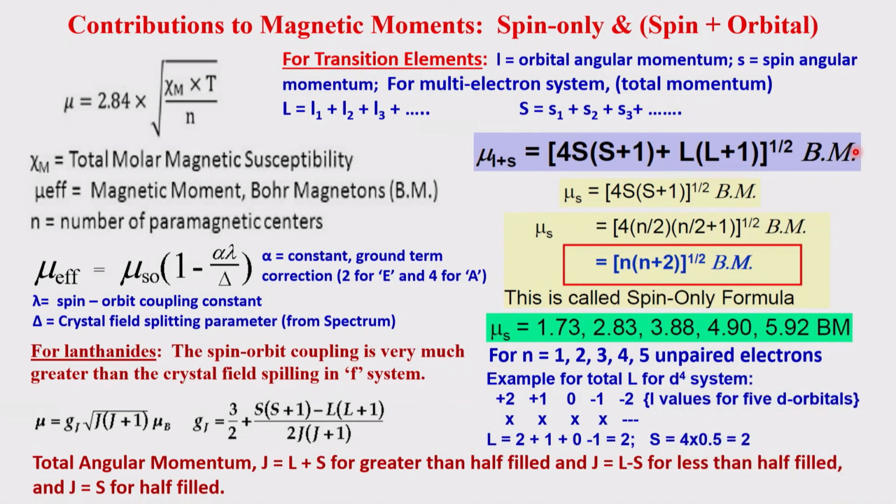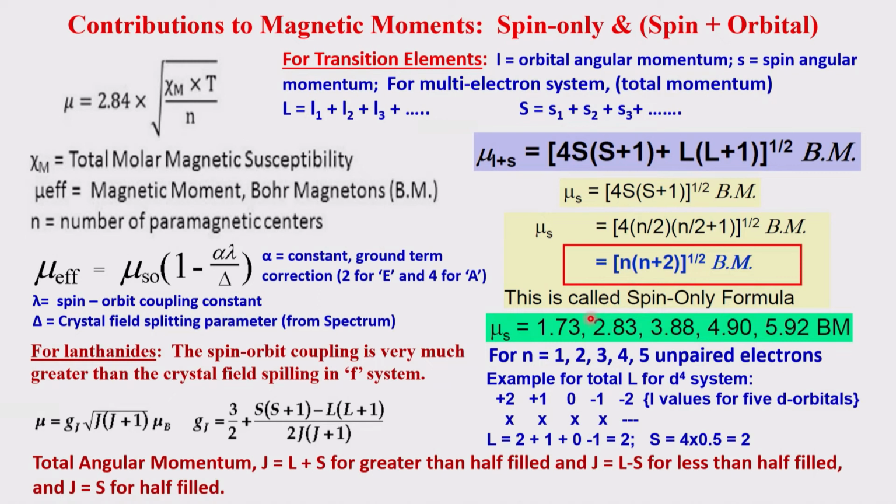Again, this is all very well derived. I am not giving the derivation in this particular course, in these lectures at all. So kindly have a look at this slide. The mu S: suppose I take L to be 0, then that component will go to 0 and this will become mu S. The mu S is the square root of 4S(S+1), in Bohr magnetons. Since all the spins are aligned in the same direction, S is n times a half, so this is n/2 into (n/2 plus 1).